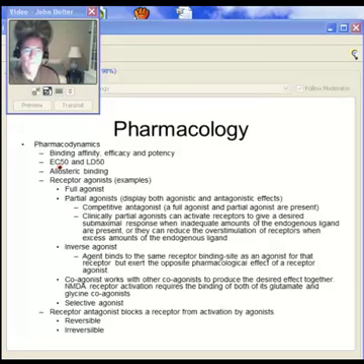And then there are these allosteric binding principles, receptor antagonists. I went through a bunch of these: full and partial agonists, competitive antagonists, inverse agonists, coagonists that work with other coagonists. And there's receptor antagonist, blocks a receptor, and you can get reversible or irreversible.